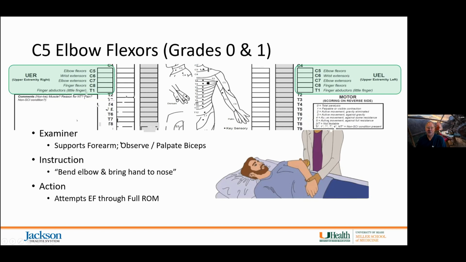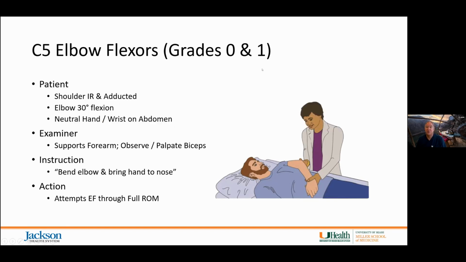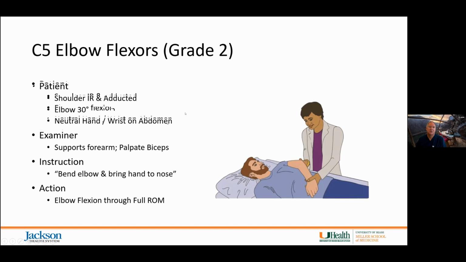And basically with the examiner supporting the forearm, looking very closely to see if the person is able to activate their elbow flexors. So we ask them to bend their elbow, try to bring their hands to their nose. And if it can't go through the full range of motion, then it could be a 1. If there's absolutely no flicker of movement, then you're going to rate this as a 0.